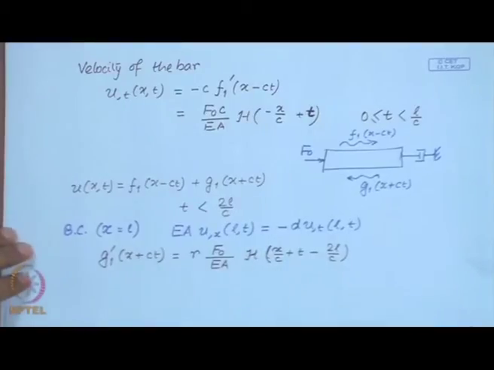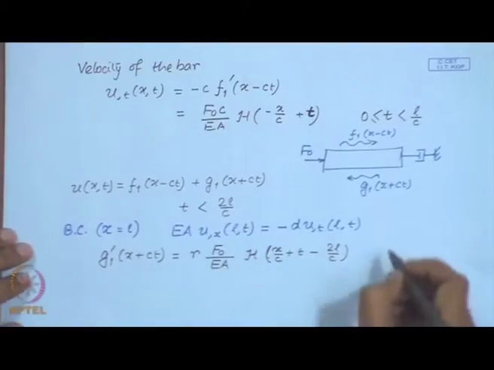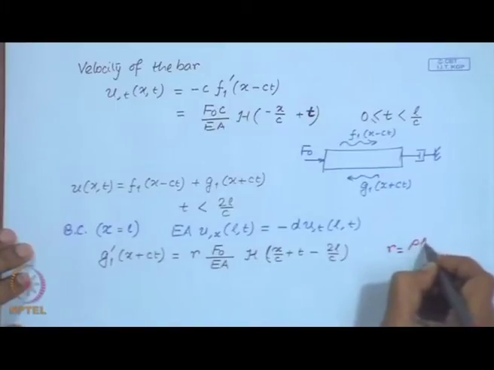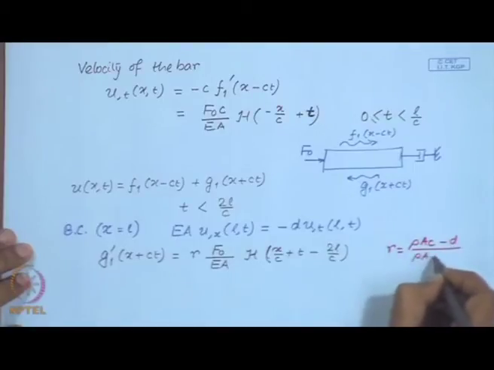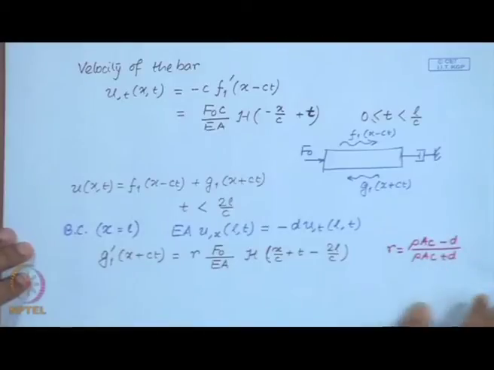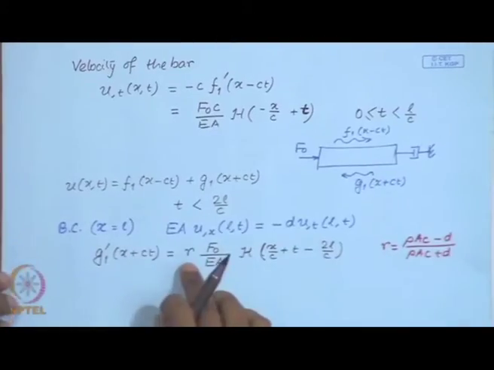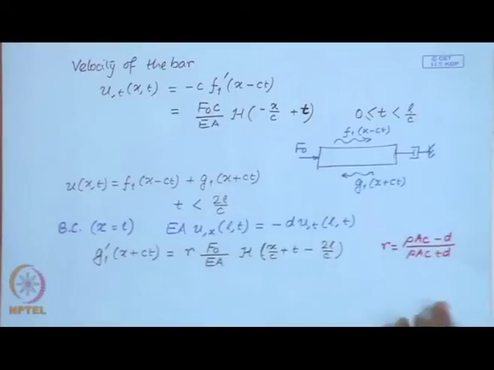Upon simplification you will obtain this expression of G 1 where this factor R is given by this ratio. As you can see, R is always less than 1. This is the damping coefficient and this is the impedance of a semi infinite bar.